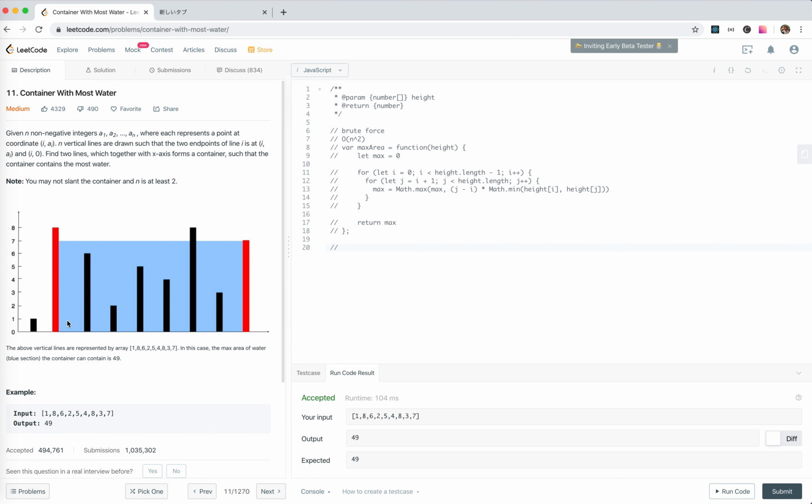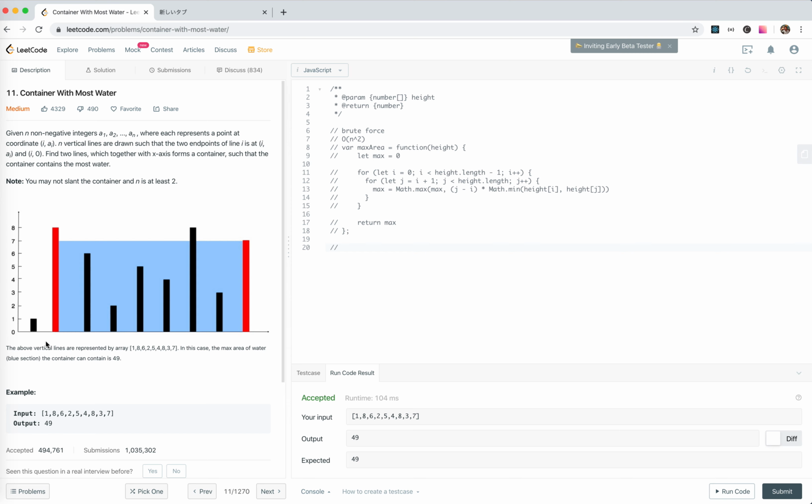But why can't we remove the taller one? Because if I remove it, the container here might be bigger than the original container. There might be something taller in the middle, which creates a bigger container with this one.